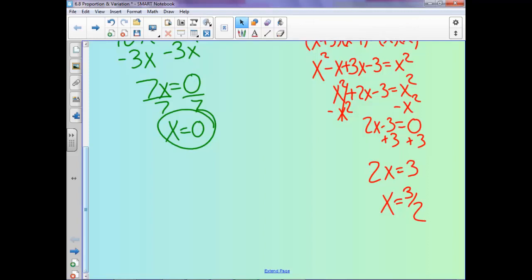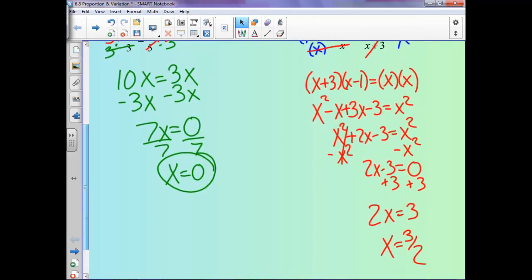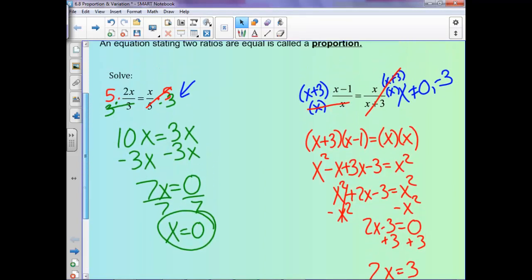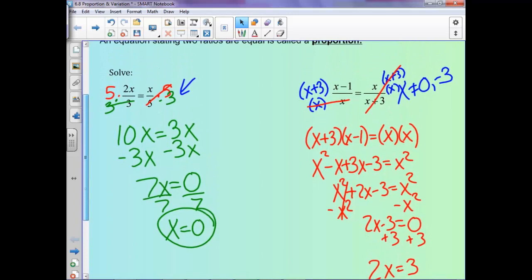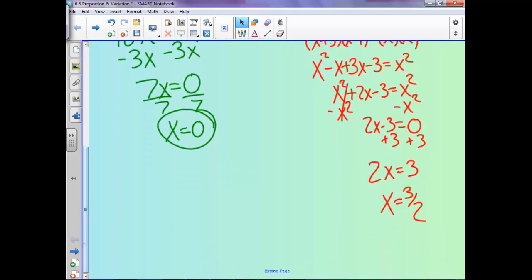And now let's check. Our answer is 3 halves. Notice those were not either of the numbers we can't have for our answer. So we are good.